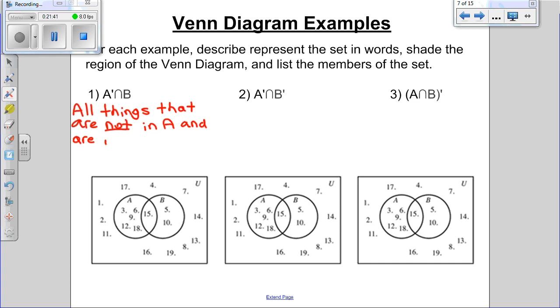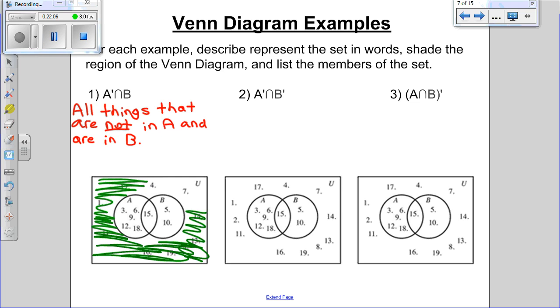So if you're looking at this diagram, I'm going to shade in green all the things that are not in A. Okay, so all the things that are not A look like this. And this is where multiple highlighters might come in handy, or maybe some pencil crayons.